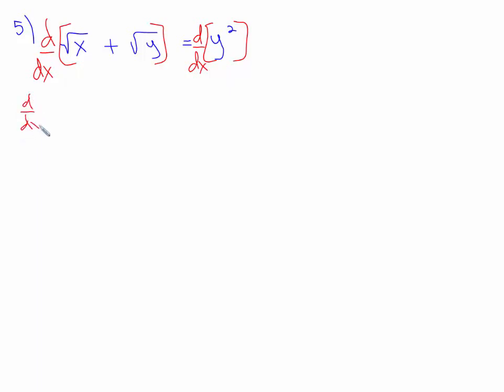So d dx of, let me change this, so this is x to the 1/2, right? Plus d dx y to the 1/2 is equal to, over here, d dx.